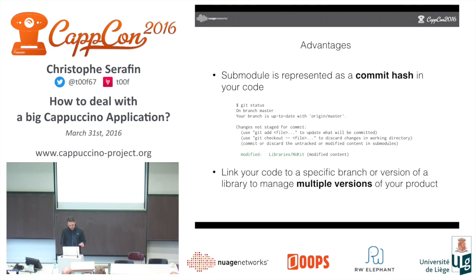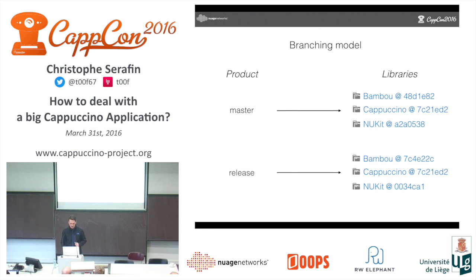This commit hash enables you to link your code to a specific branch of a specific library. For instance, imagine that you have a big product. You have a release that you already sold to your client, and you have the master product, the one that you're working on.